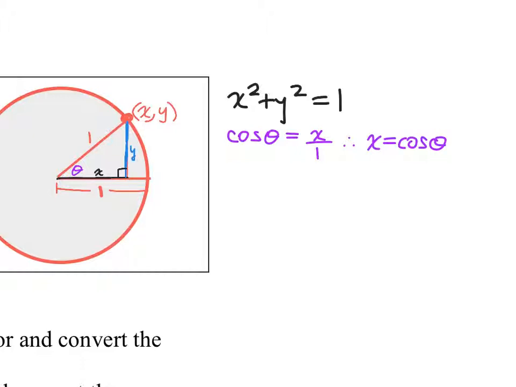We could also get the sine ratio, sine of theta, which is opposite over hypotenuse, y over 1, which tells us that y is equal to the sine of theta.